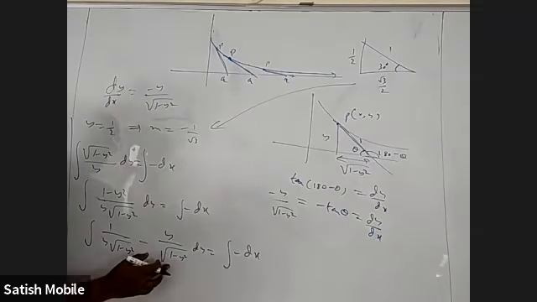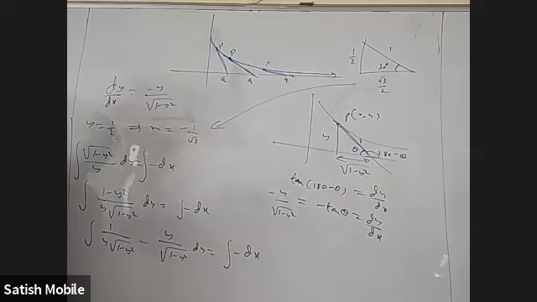Now, how to integrate? This one is easy because this is a derivative of 1 minus y square. Anybody want to give an idea how to integrate this? In IP, of course, there's a standard method.